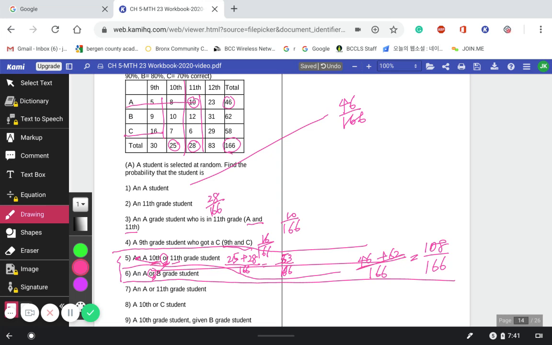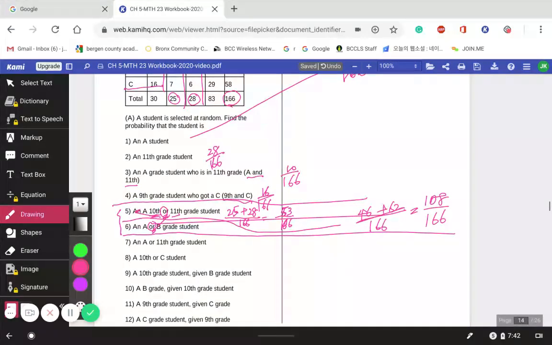If you're in 11th grade, you cannot be in 10th grade. So they are mutually exclusive. But for 7 and 8, you could get an A and also be in 11th grade. Or you could get a C and be in 10th grade. So they are inclusive. They are not mutually exclusive.